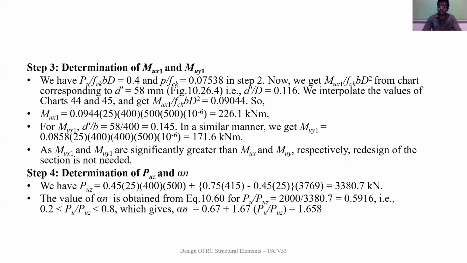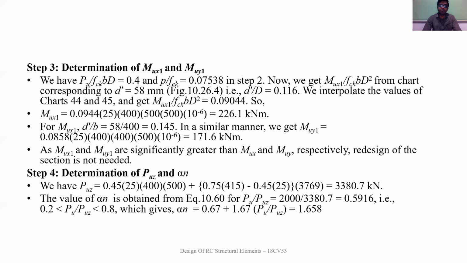Now we get Mux by fck bD square from the chart corresponding to d dash, which is equal to 58 mm, because it is calculated by providing the longitudinal steel. Hence, the d dash by D in this particular problem is 0.116.